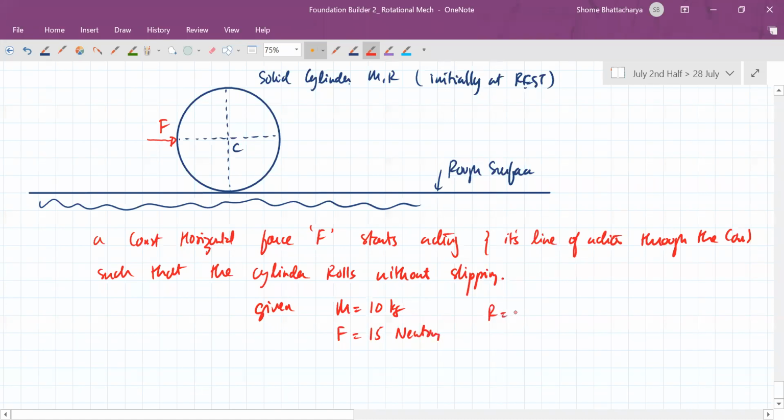The radius of the cylinder is, let's say, 2 meters. We want to find the friction acting at the point of contact, the linear acceleration of the center of mass and angular acceleration about the center of mass as the rolling occurs.